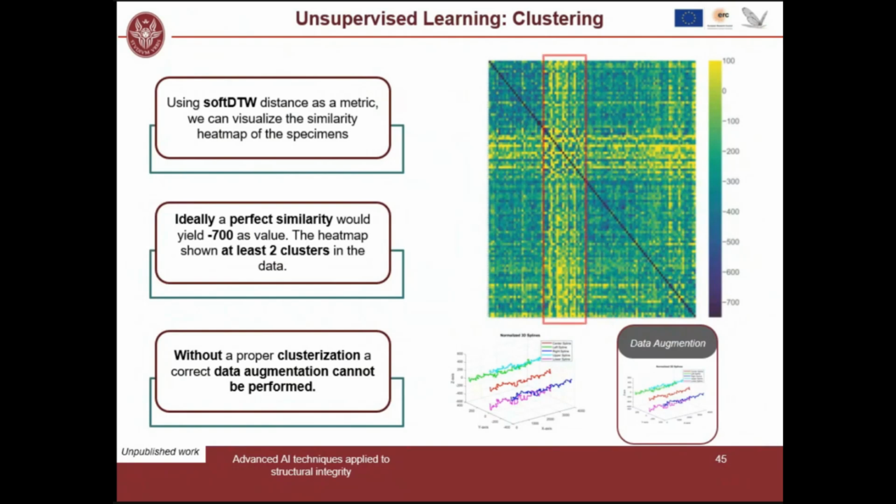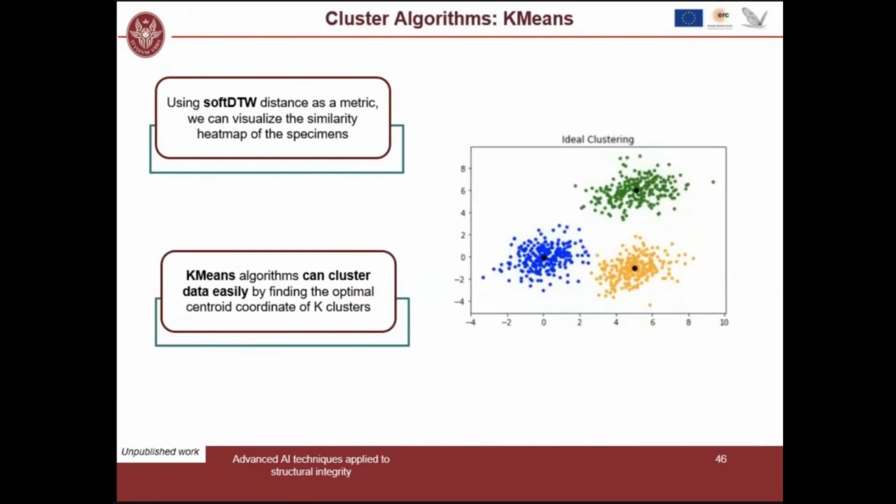That's a problem because I don't know how to classify them. So I tried a very simple clustering algorithm such as k-means, which, as you now know, just finds the centroids to minimize the distance you're using.